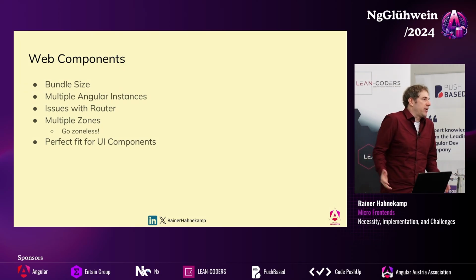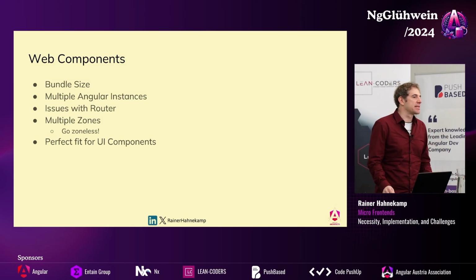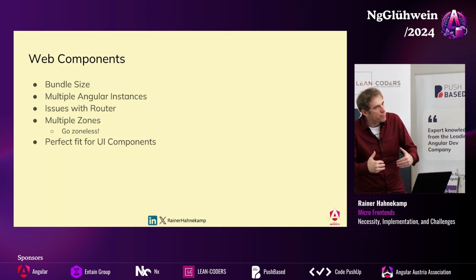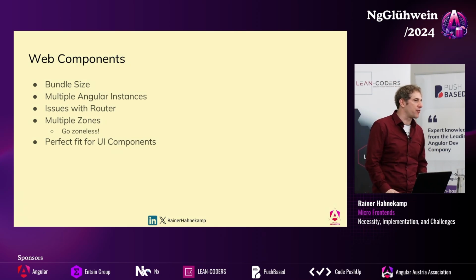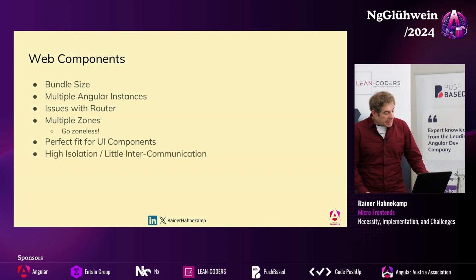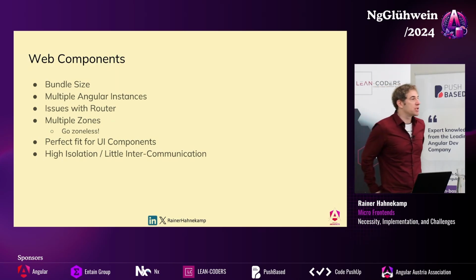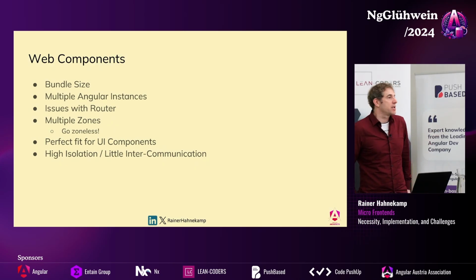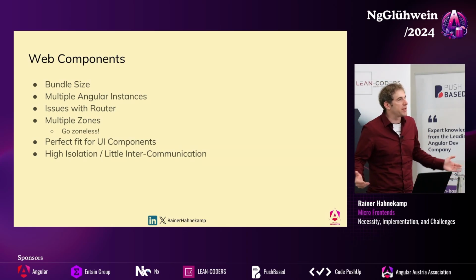If you only use Angular, then you have to be careful about the bundle size, but usually there are specialized other frameworks which you can use. The advantage is you get this high isolation. This is true. And this can also be a disadvantage, because if you say there needs to be a certain amount of communication between these micro frontends, well, then it's going to be a little bit harder.